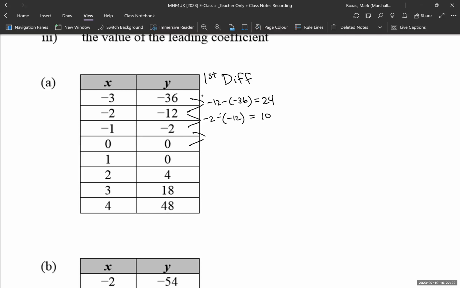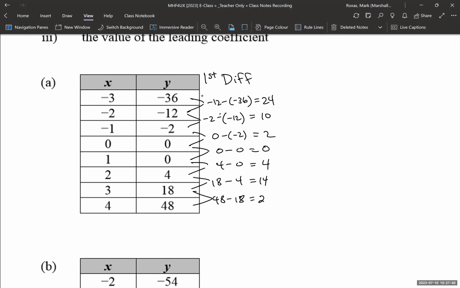Then 0, take away negative 2, which would be 2. 0, take away 0 is just 0. 4, take away 0 is just 4. 18 take away 4 is 14, and then 48 take away 18 is 30. Yeah, 30, not 20.